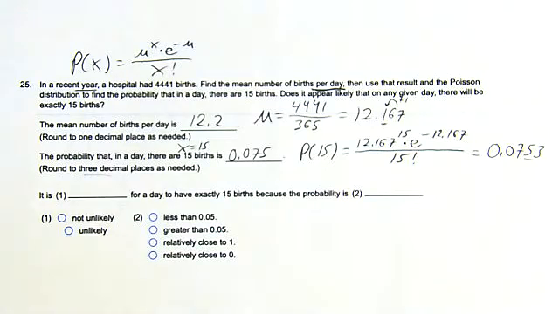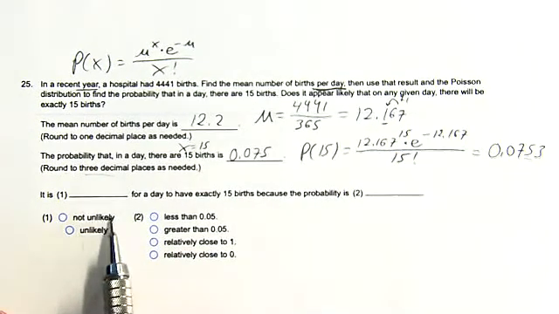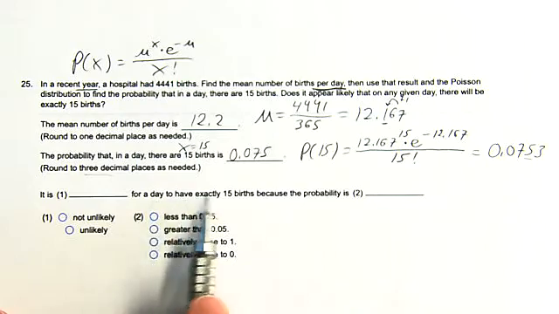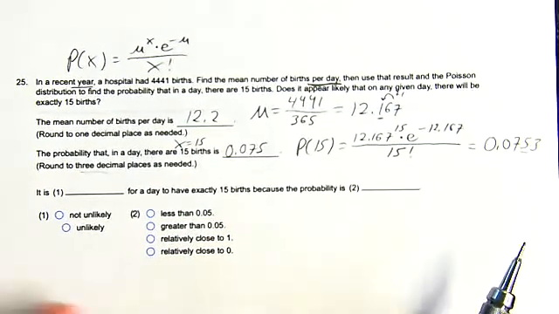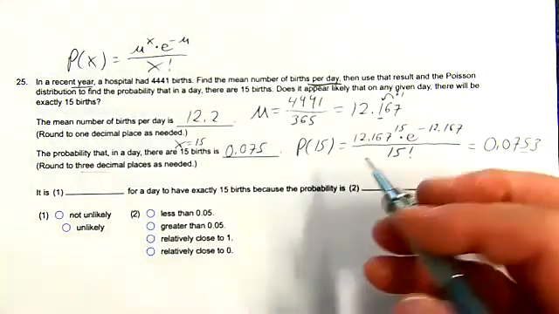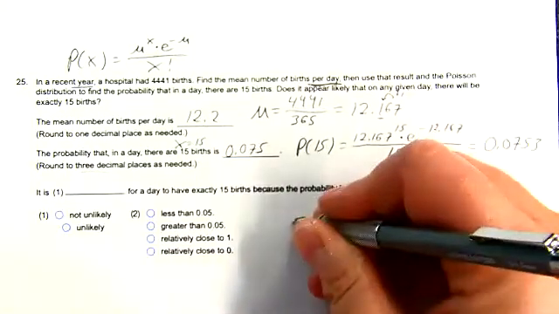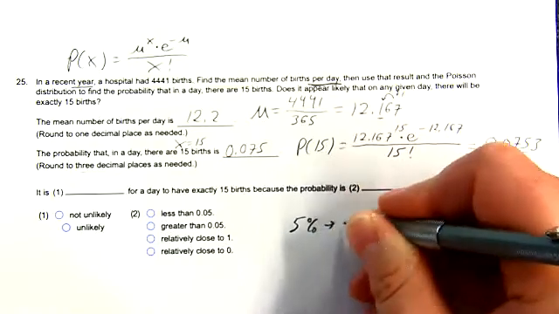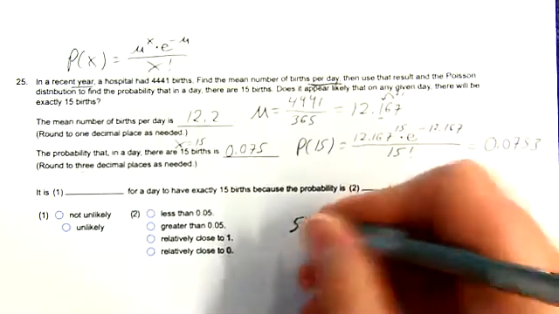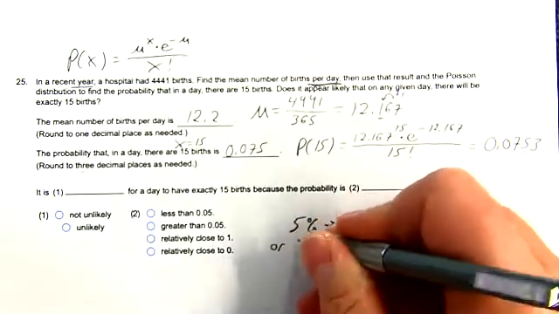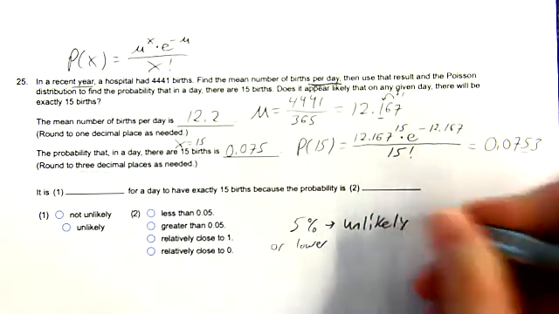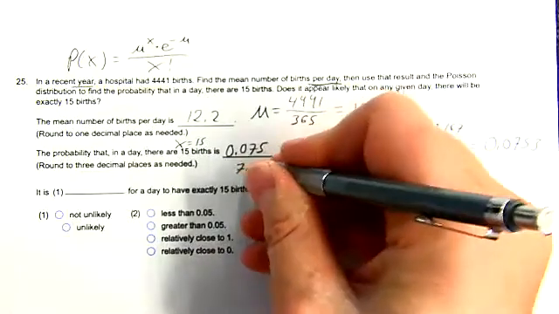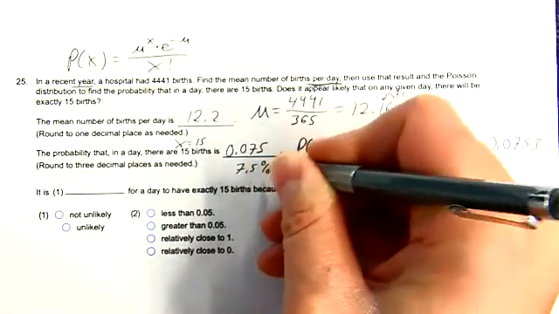So it is not unlikely for a day to have exactly 15 births. In this class, we use 5% as our cutoff for being unlikely. So we've seen that many times. 5% or lower is unlikely. But this as a percentage is 7.5%, just moving the decimal 2 to the right.